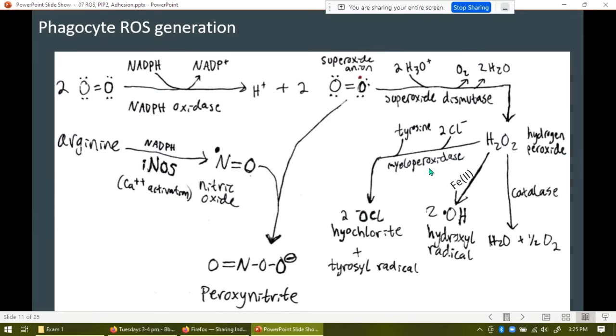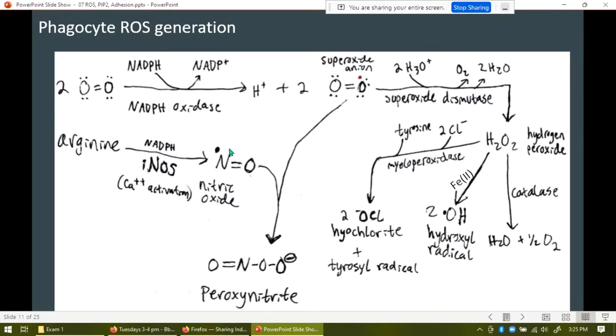That's an enzyme you're going to want to know. It can also be converted into the hydroxyl radical by iron. This is the Fenton reaction. And some pathogens express the enzyme catalase to break down hydrogen peroxide into the non-toxic water and oxygen molecules. So catalase is a way of avoiding reactive oxygen species, and it's expressed on some pathogens, especially aerobic pathogens.